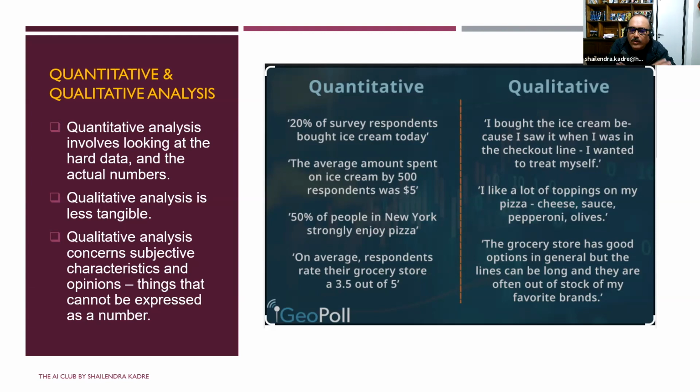There are two important ones: the queues are very long, and whatever he likes, maybe some ice creams or biscuits or candies, they are always out of stock. So that's why he may not go there. These are all qualitative statements.